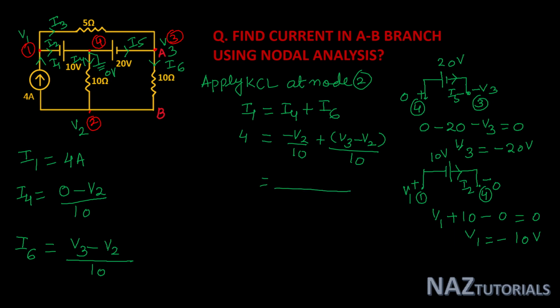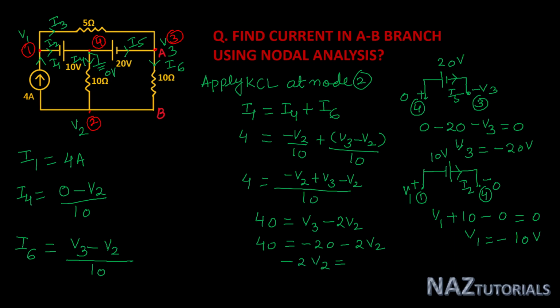Take the LCM: this is minus V2 plus V3 minus V2. So we can write 40 is equal to V3 minus 2V2. As we calculated, V3 is equal to minus 20 volts, so minus 20 minus 2V2. So we get minus 2V2 is equal to 60 volt, and V2 is equal to minus 30 volt.